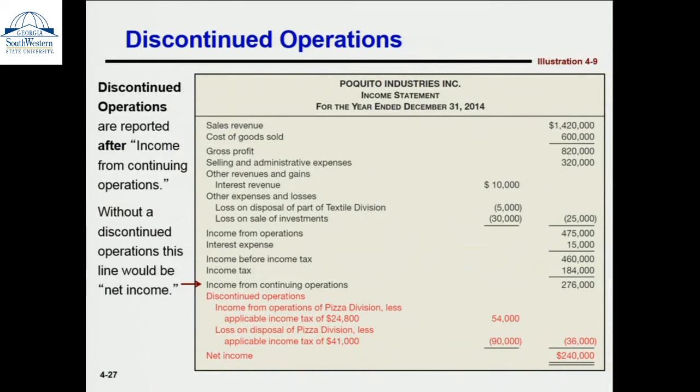Now, the good thing about this particular slide is it shows you what the tax effect is. No, it doesn't. Well, it kind of does. All right. So income from the pizza division, I'm going to spend a second on this. Okay, so apparently they're getting rid of the pizza division here.